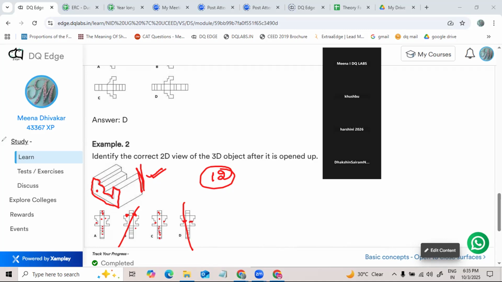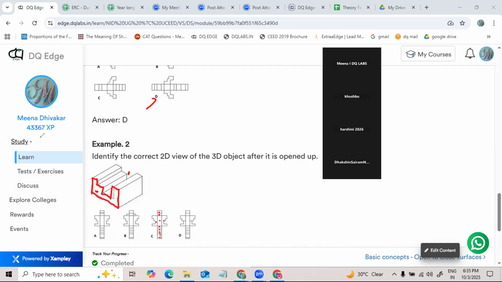Wait, let me look properly. Yes, ma'am, 1, 2, 3, 4, 5, 6, 7, 8, 9, 10, 11. But this is 11, and we have 12, no? Ma'am, that's why I told the answer as A.